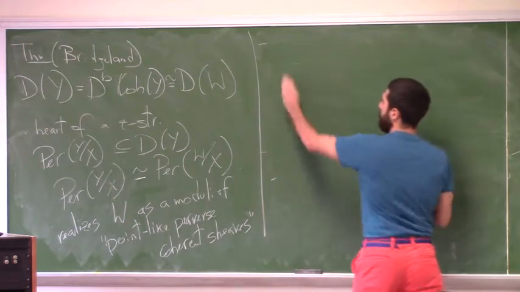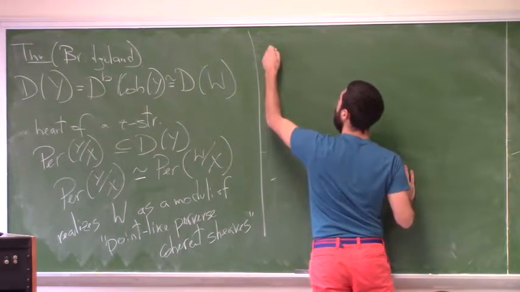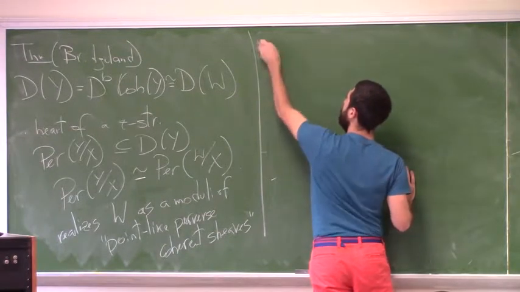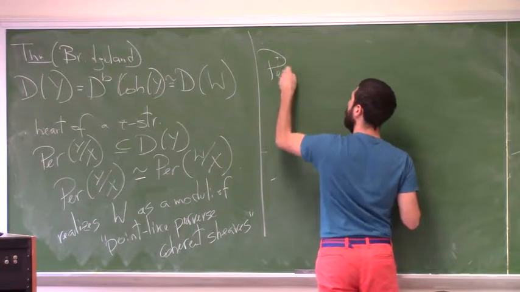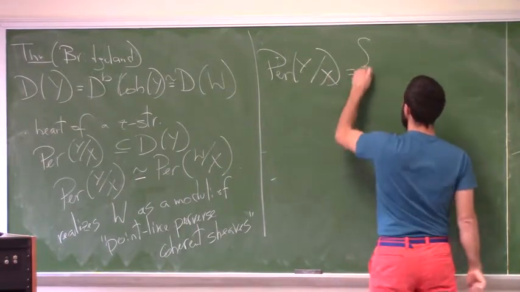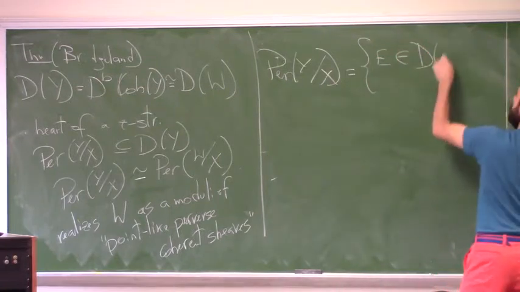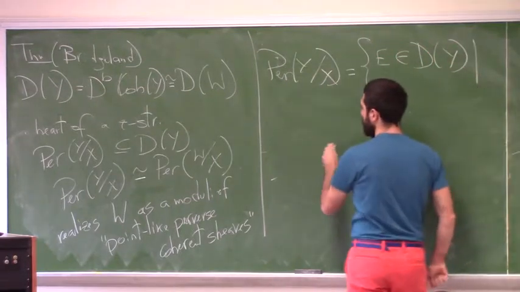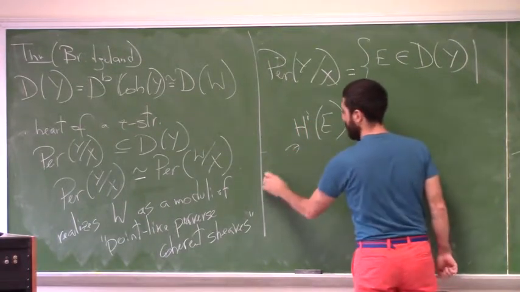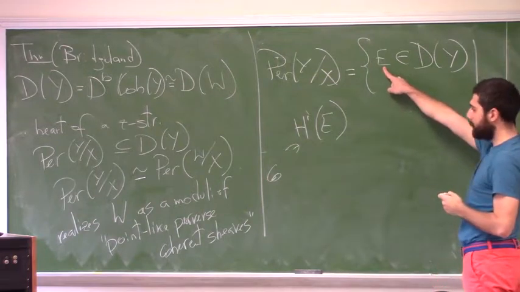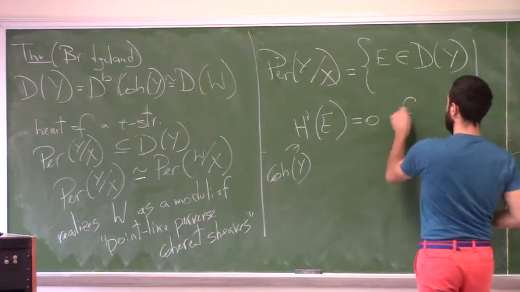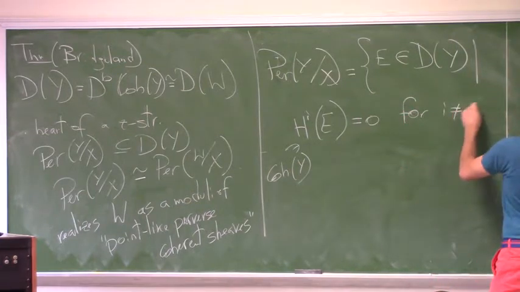So let me write down the definition of this category. By definition, these are all complexes E in D of Y such that, if I take the cohomology sheaf, since these are chain complexes of coherent sheaves, H^i(E) is a coherent sheaf, and this is 0 for i different from -1 and 0.